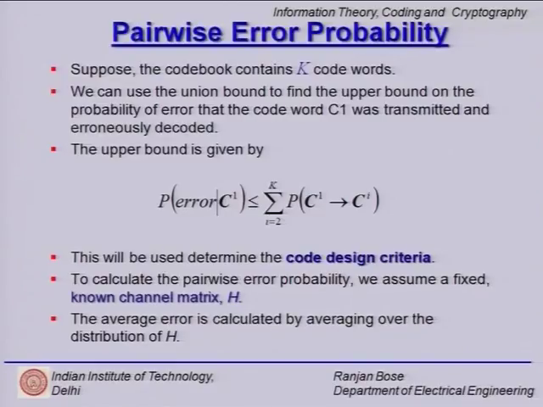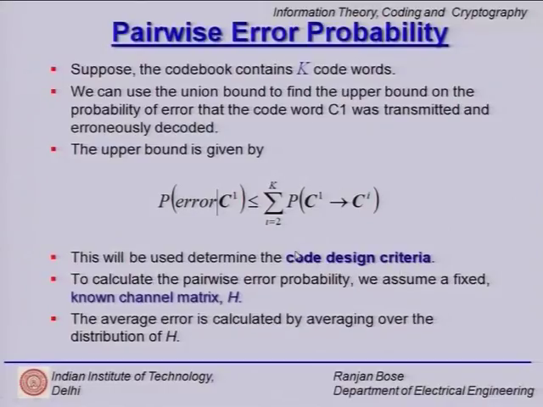So, we can use the union bound to find the upper bound on the probability of error that the code word C1 was transmitted and erroneously decoded. And the union bound is simply the probability of error given C1 is less than the sum over all possible i equal to 2 to k, because i equal to 1 represents the correct decoding, C1 goes to Ci. So, this pairwise error probability, the upper bound on that, will be used for our code design criteria.